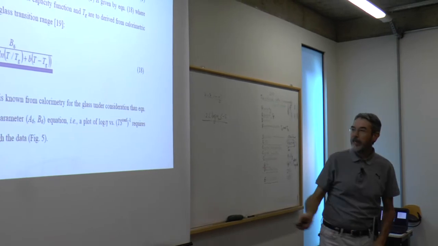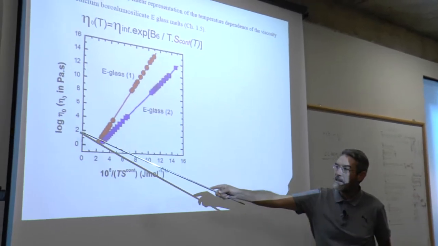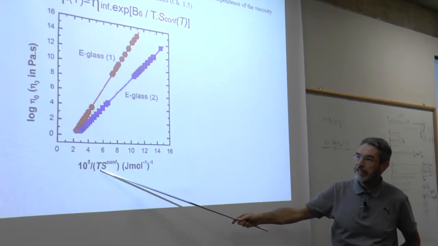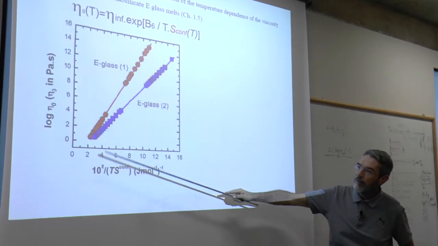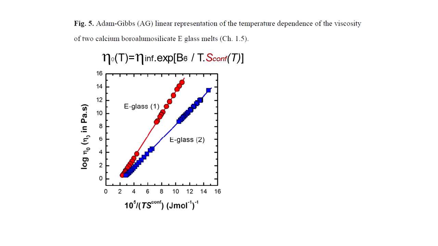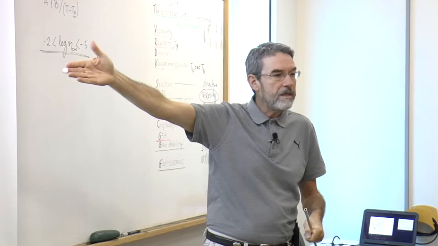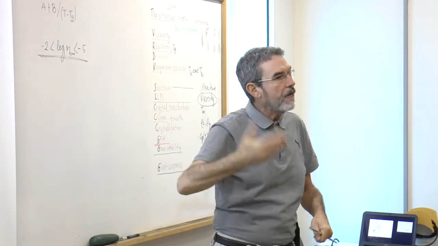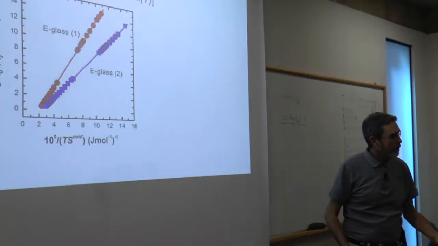And nicely, this is a test of this equation. Plotting log of viscosity versus 1 over T S conf results in a very nice straight line from -1 to +15 or so. So those curves which were highly curved, the viscosity curves are highly curved, they become linear if we plot in this scale, giving an indication that this Adam-Gibbs model works really well.